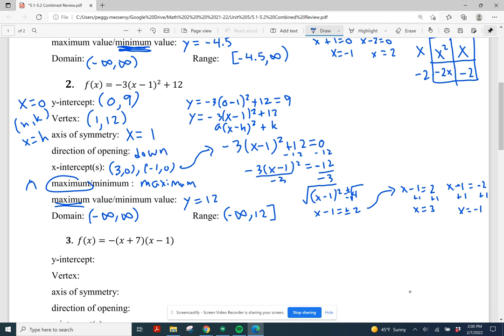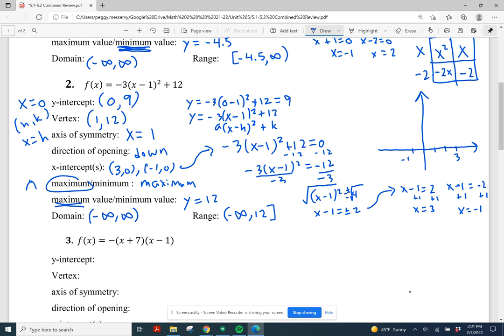Okay, I am going to draw a quick graph here. So on my graph, I need to go up pretty high. I'm going to go up as high as 12, but I don't need to go very low. So I'm going to leave more space up above. And let's see, I got to go up to 12. x-intercepts over here at 3, and one over here at negative 1.